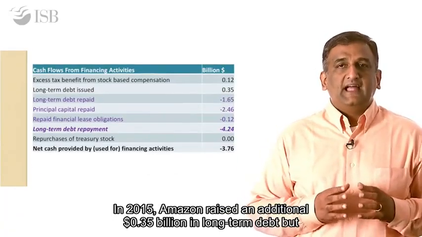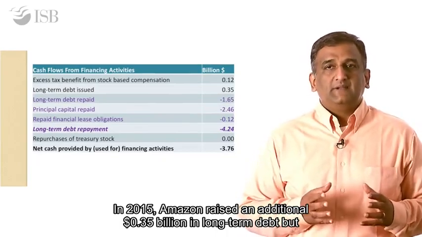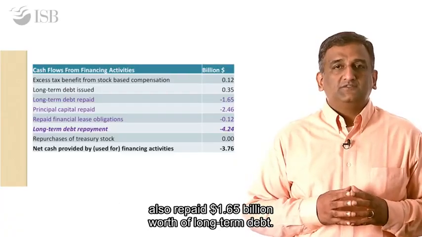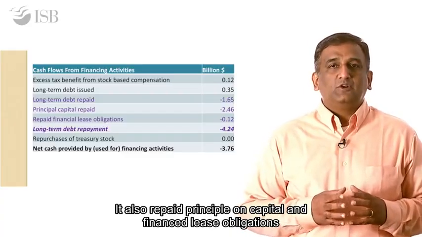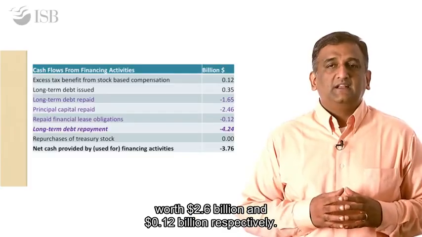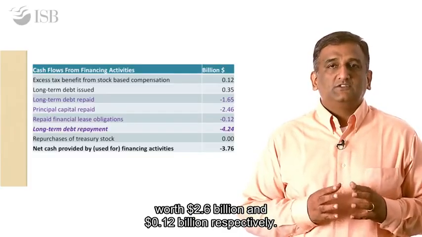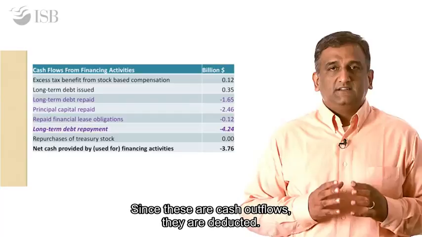In 2015, Amazon raised an additional $0.35 billion in long-term debt, but also repaid $1.65 billion worth of long-term debt. It also repaid principal on capital and finance lease obligations worth $2.46 billion and $0.12 billion respectively. Since these are cash outflows, they are deducted.